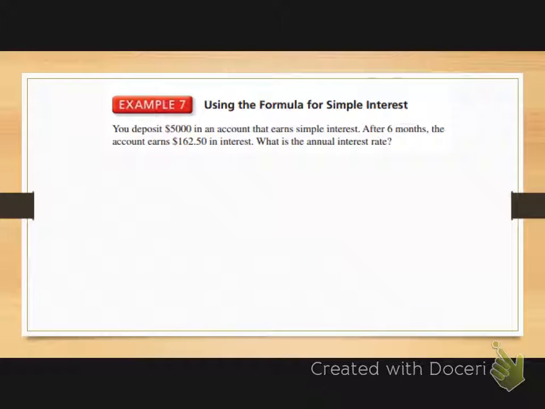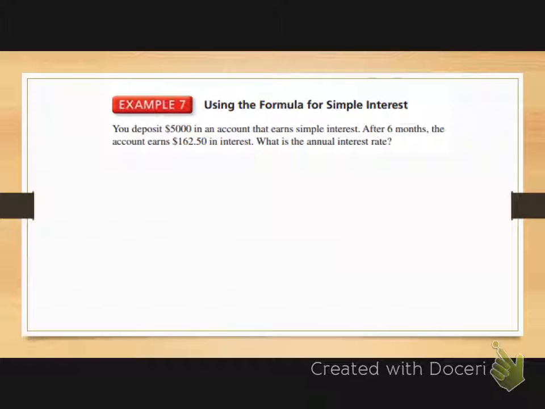Now looking at example 7 here: You deposit $5,000 in an account that earns simple interest. After 6 months, the account earns $162.50 in interest. What is the annual interest rate?